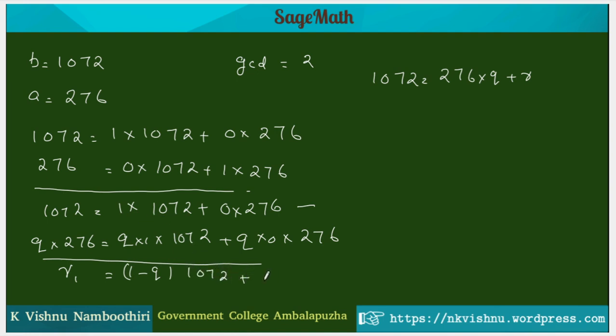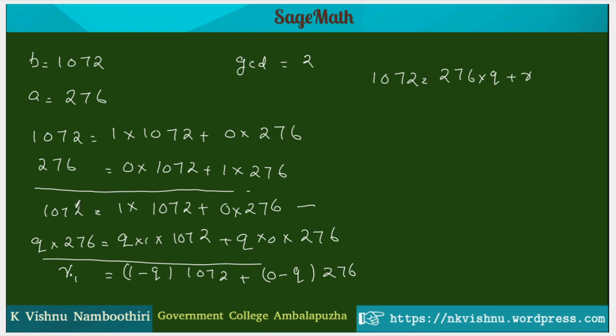We keep on subtracting like that, so we get the first remainder, then the second remainder, then the third remainder. The last non-zero remainder is expressed as the linear combination of 1072 and 276.